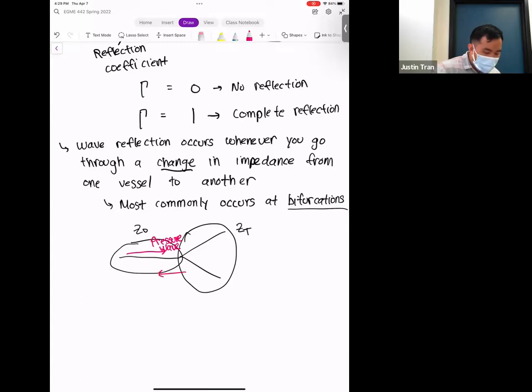We're going to have partial reflection here. Usually for something like this, the gammas are relatively modest, so they might be around 0.1 or so. That says about 10% of the wave is going to reflect back, while the remaining 90% of the wave is going to continue on.